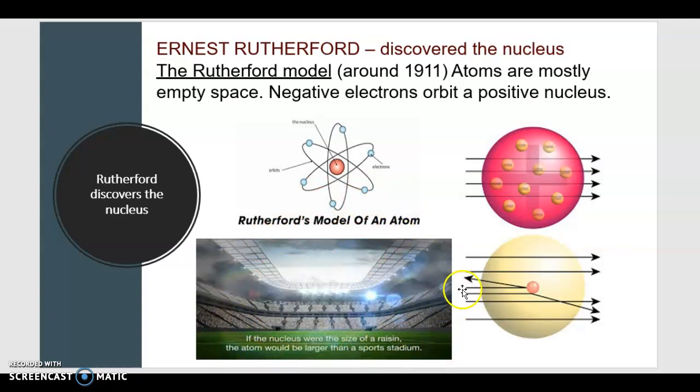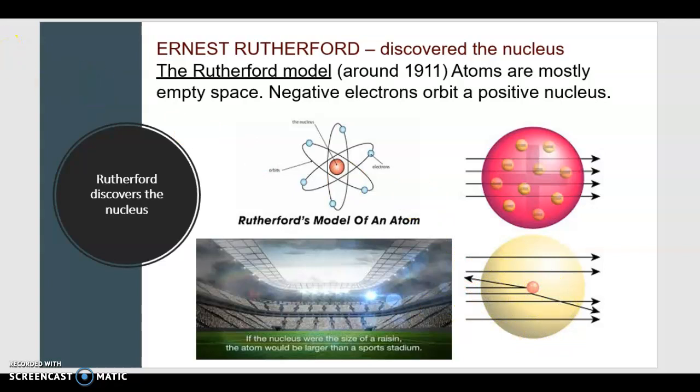So you can get a sense that the nucleus is very, very small compared to the overall size of the atom. And so the vast majority of an atom is empty space, and this dense nucleus is a very, very small portion of the atom, which is why most of the particles went straight through and only a small number of them were deflected off in other directions.